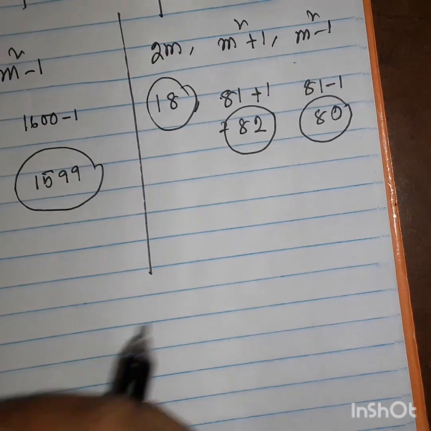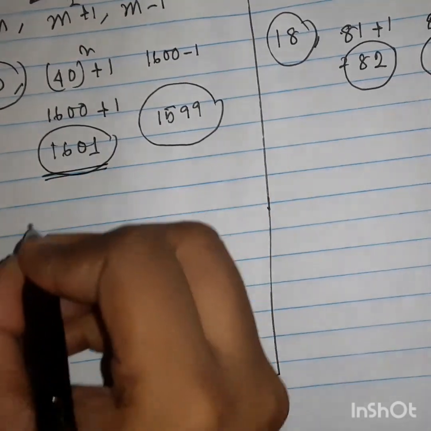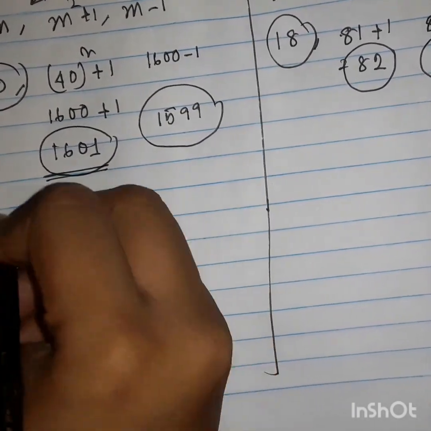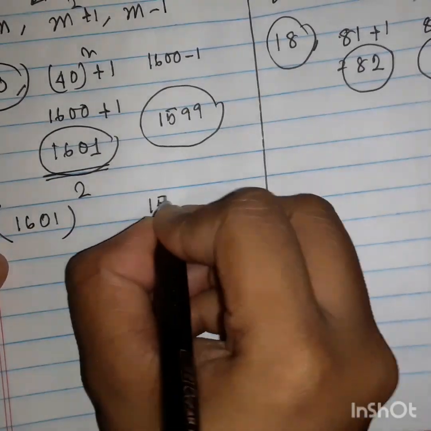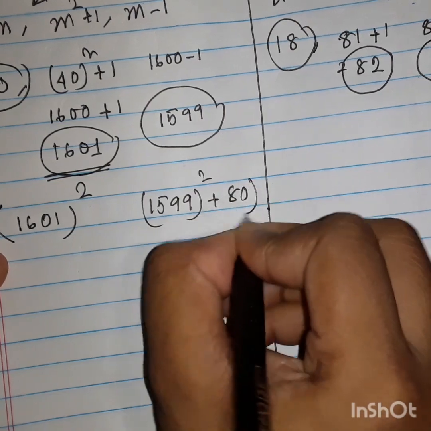Okay, so let us verify. This has become very difficult. So 1601 whole square will have to equal 1599 whole square plus 80 whole square.